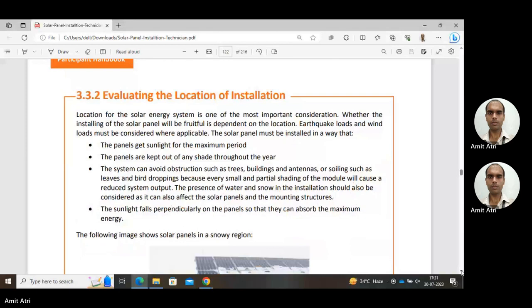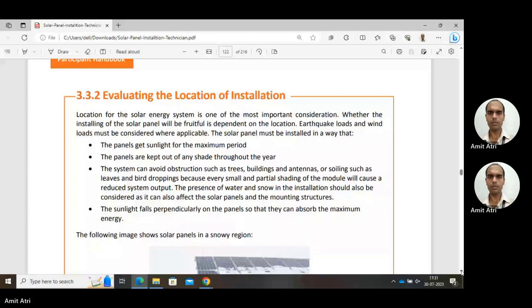Other factors like dust and bird droppings on the surface of the solar panel are also undesirable, so we have to clean it regularly. The presence of water and snow in the installation should also be considered, as it affects the panels and the mounting structure.